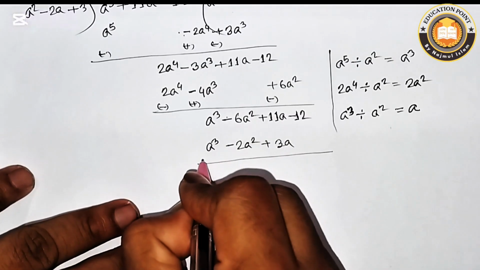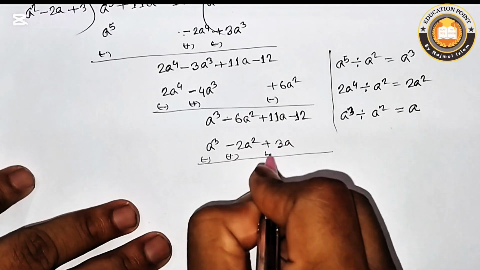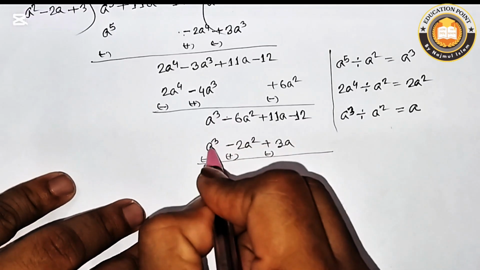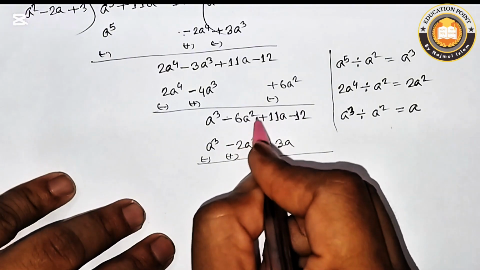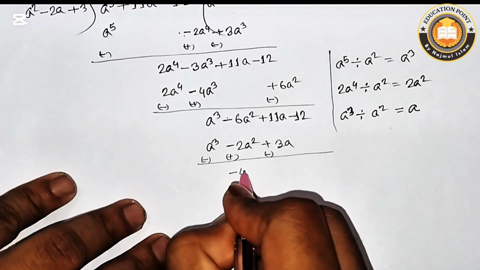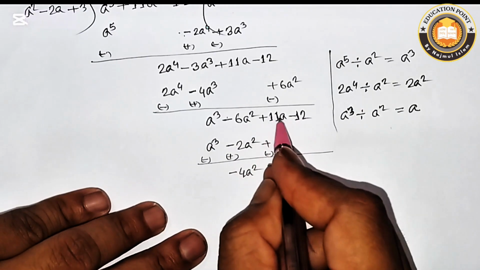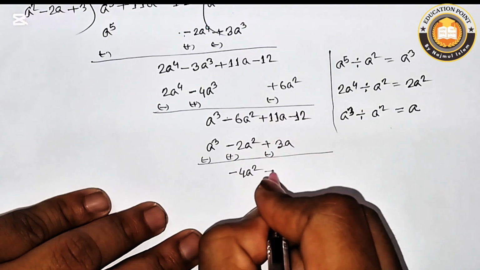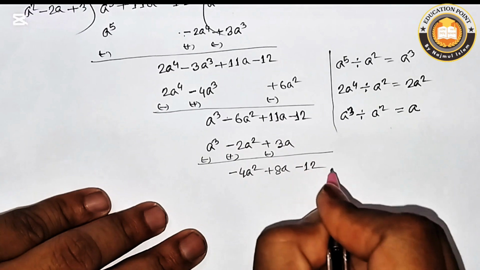According to the division law, their sign will be changed. Plus a cube minus a cube equals 0. Subtracted value of minus 6a square and plus 2a square equals minus 4a square. Subtracted value of 11a and minus 3a equals plus 8a, then minus 12.